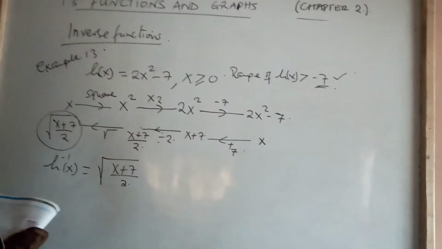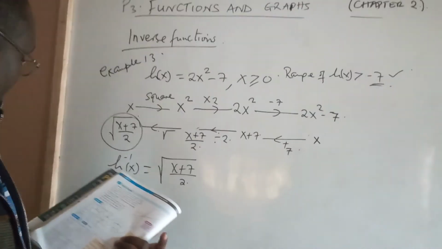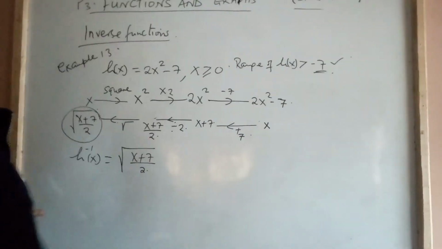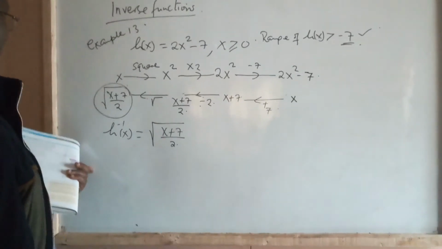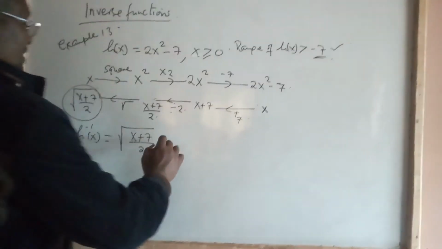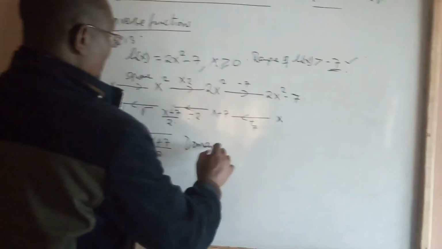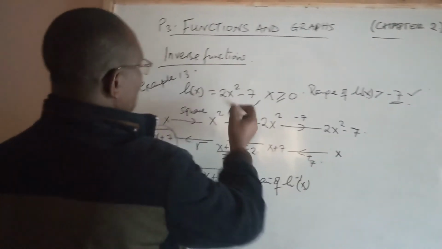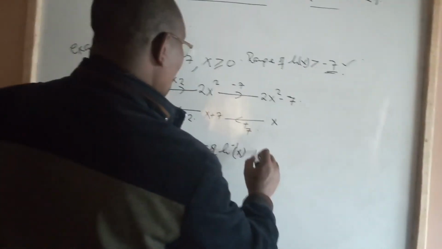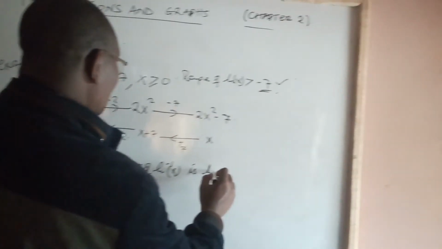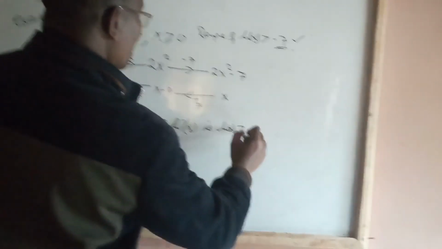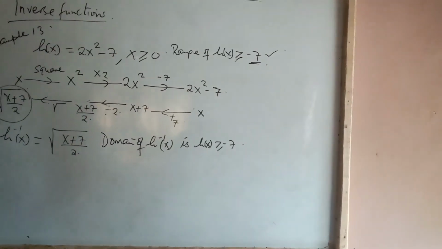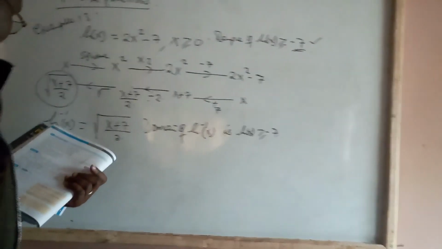And of course, if the range of h(x) is greater than or equal to −7, that means the domain of h⁻¹(x), which is the inverse of the original function, is x greater than or equal to −7.